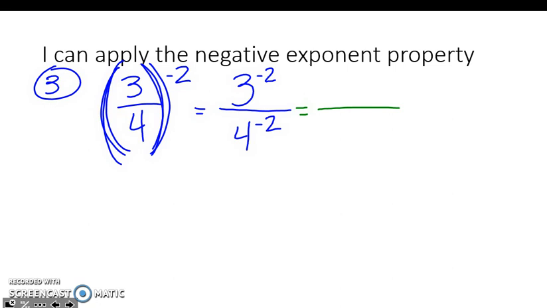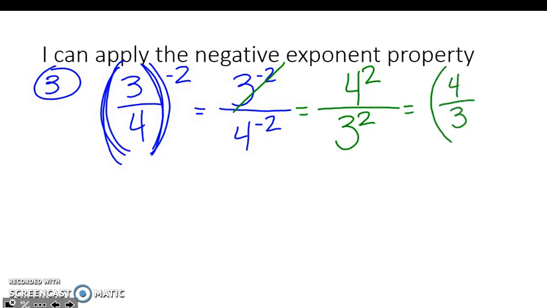So 3 to the negative second has to go from the top to the bottom to become positive. And 4 to the negative second has to become positive by moving to the top. And since they're both raised to the same exponent, that's the same thing as taking 4/3 to the positive second. So flipping what was inside and changing it to a positive exponent.